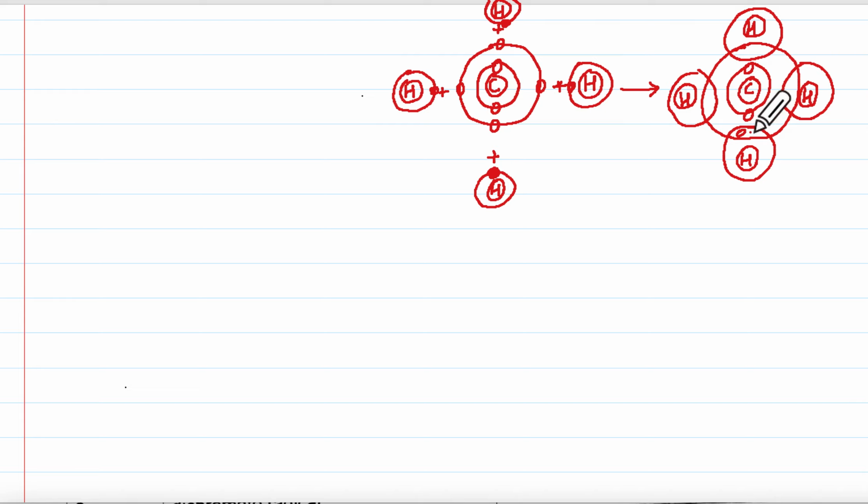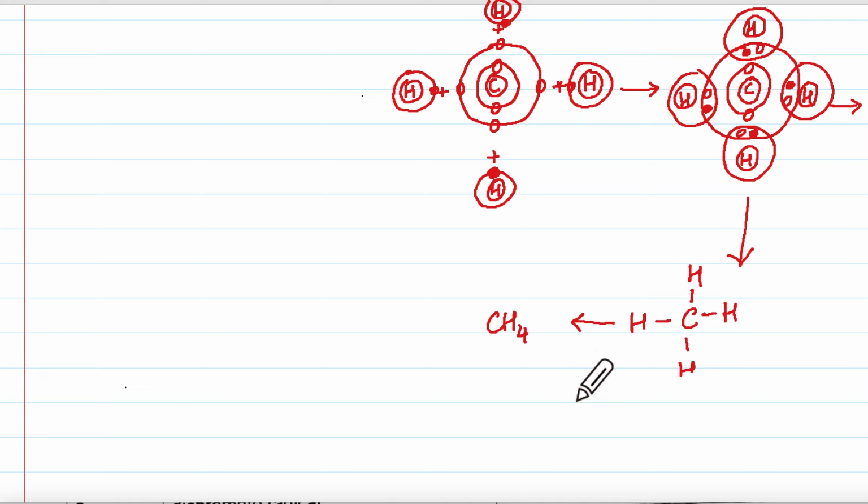Now one electron of hydrogen and one of carbon, one of hydrogen, one of carbon, and so on for all four hydrogens. Understanding? Okay, and then show the arrow if you have space. If not, then show the arrow down, and then you'll say C single bond H, single bond H, single bond H, single bond H, and that will give us CH4. Understanding?